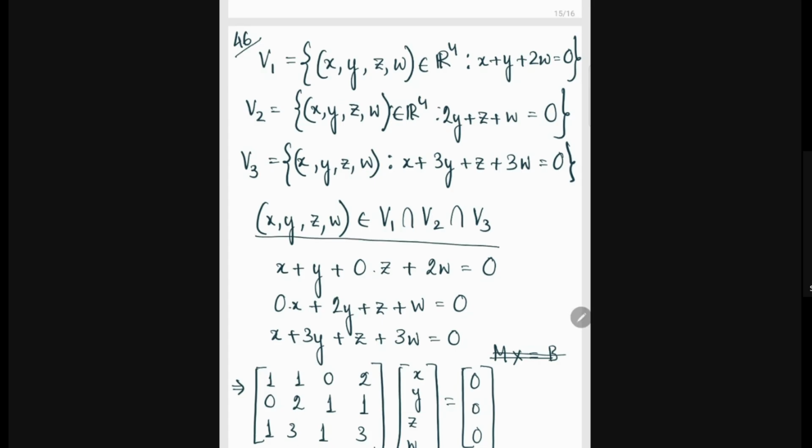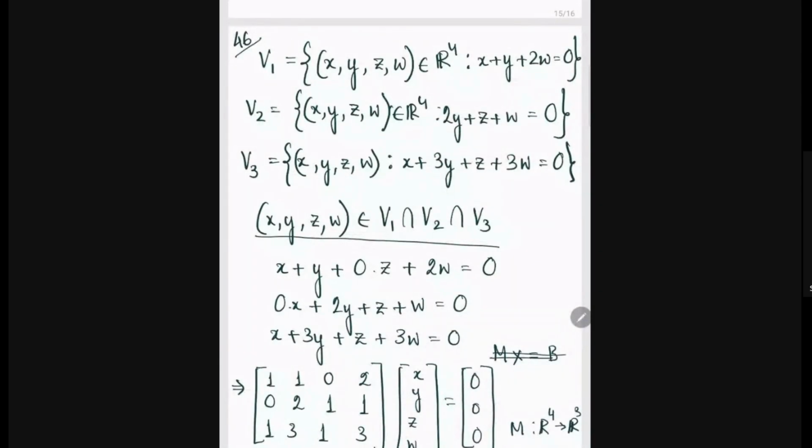So, by the rank nullity theorem, what will we get?